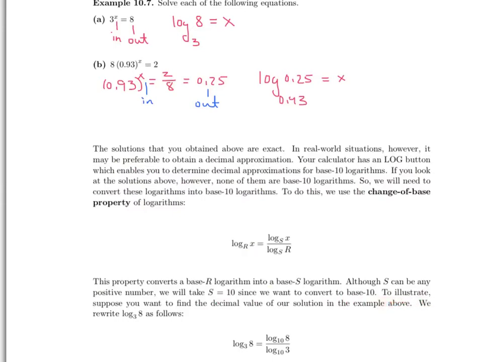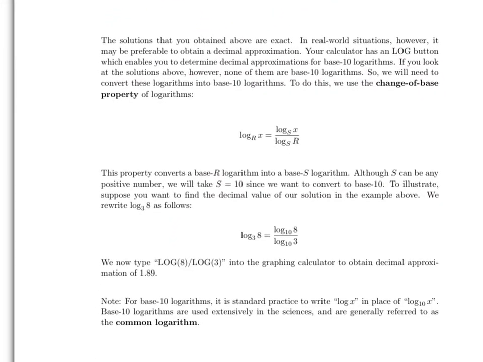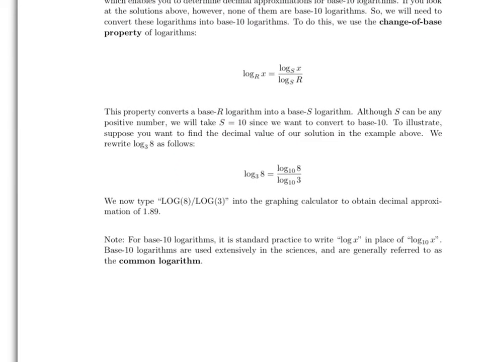To illustrate, suppose you want to find the decimal value of our solution from the example above. We rewrite log base 3 of 8 as follows. So log base 3 of 8, notice I'm converting it into log base 10. I take log base 10 of my x value and I divide by log base 10 of my old base, which was 3.